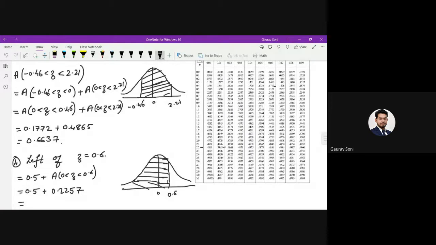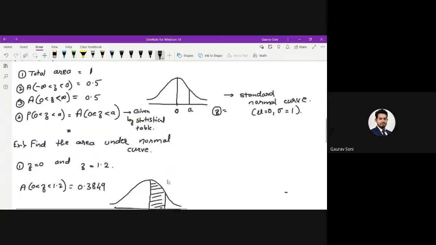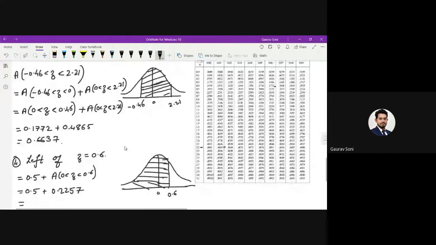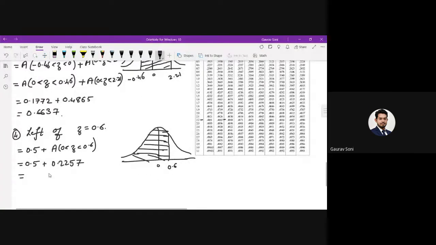So left hand side of 0 is 0.5 and right hand side of 0 is 0.5. We write it down as a remark also. This is what was written earlier. Minus infinity to 0 is 0.5. Is it clear, Saurav? Yes, sir, it is.